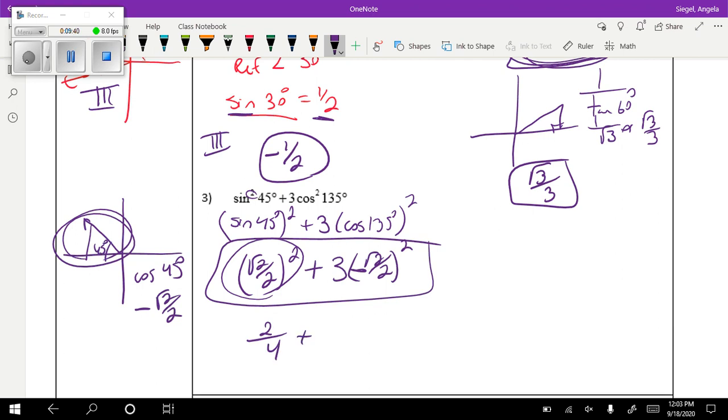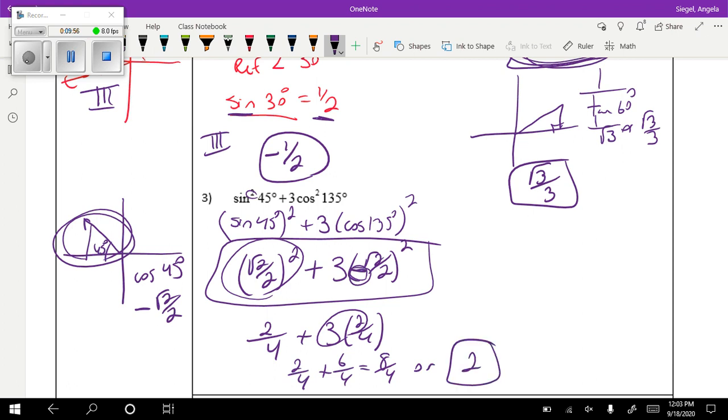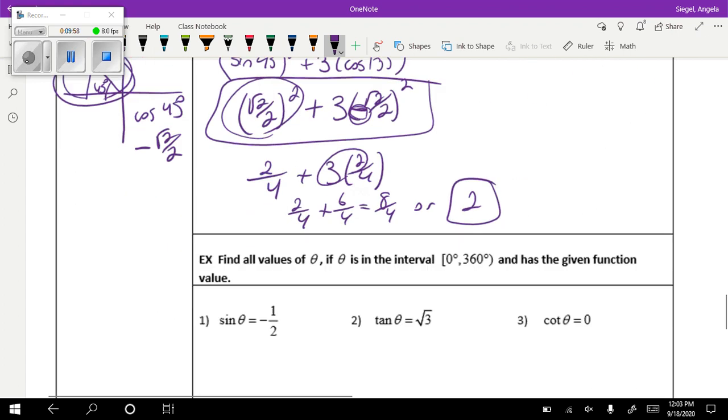I know you can simplify that, and you can. Same thing here: I'm going to have 2 over 4, because when you square a negative, it becomes a positive. So I have 2 fourths plus 2 fourths equals 4 fourths, or 1. So 1 is my final answer there.